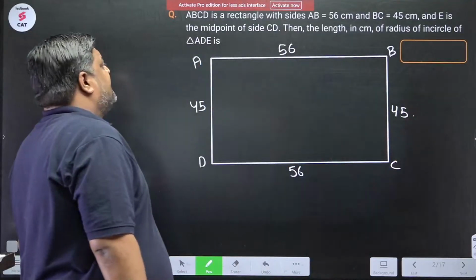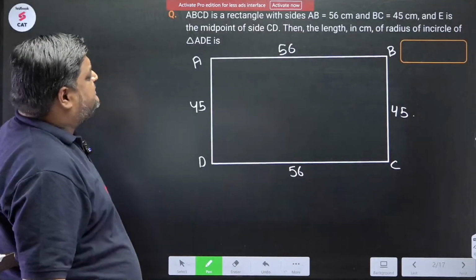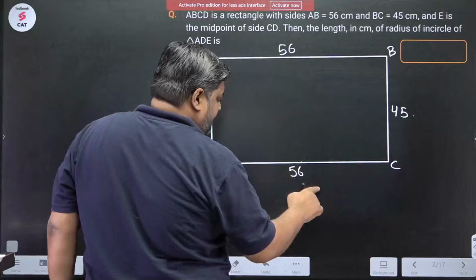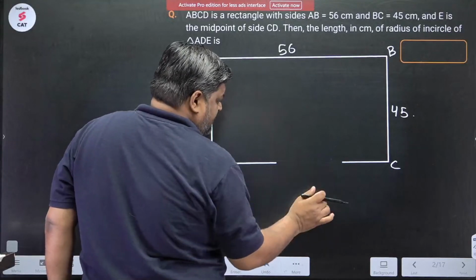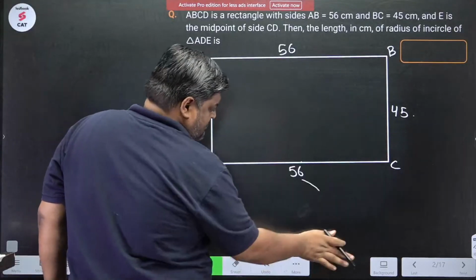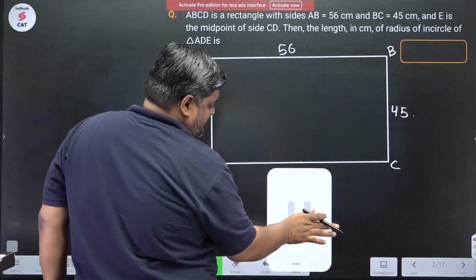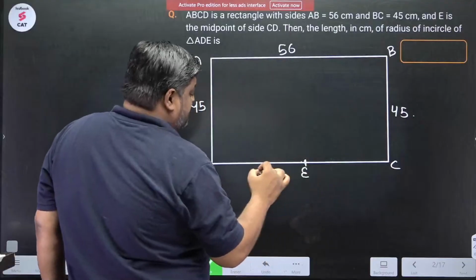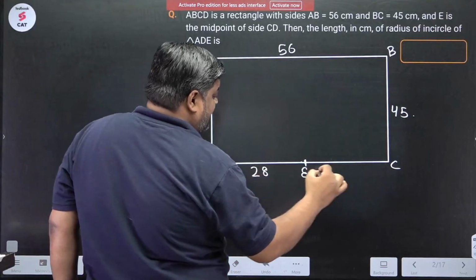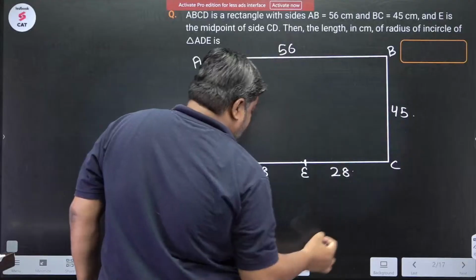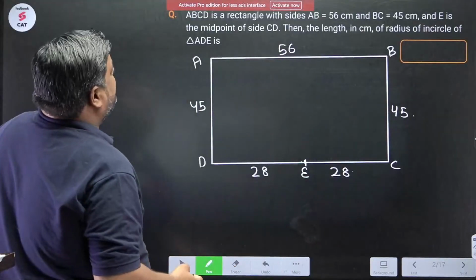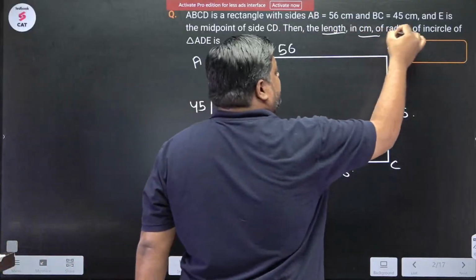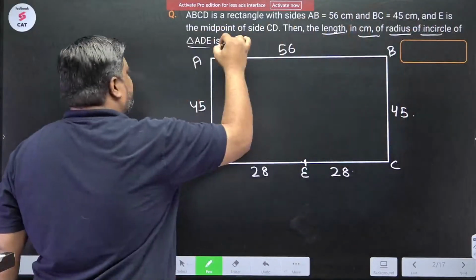Now E is the midpoint of side CD, so let's put E somewhere in the middle. So DE would be 28 and EC would be 28. The question asks for the length in centimeter of the radius of the incircle of triangle ADE.